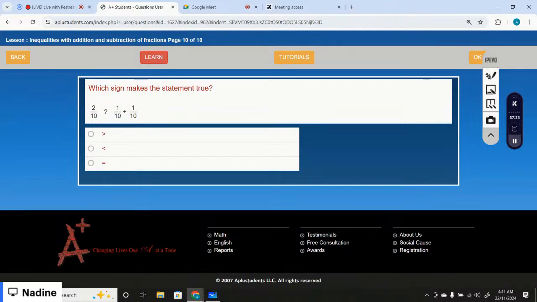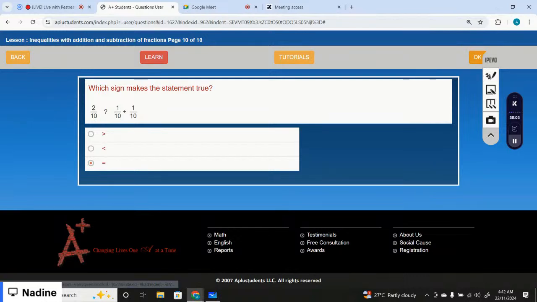Which sign makes the statement true? The correct option is they both are exactly equal.